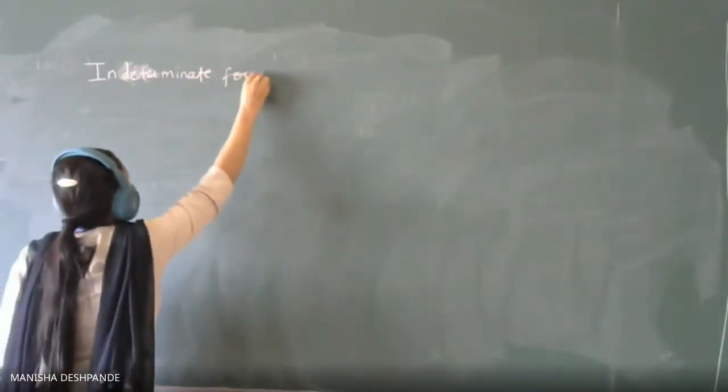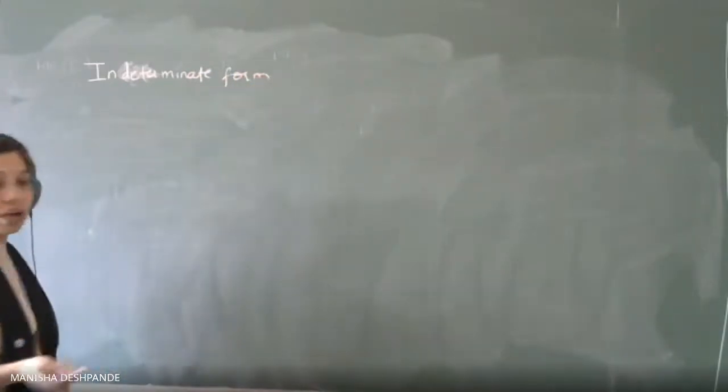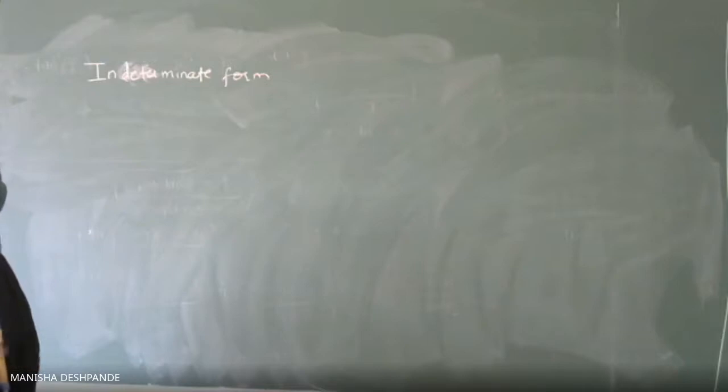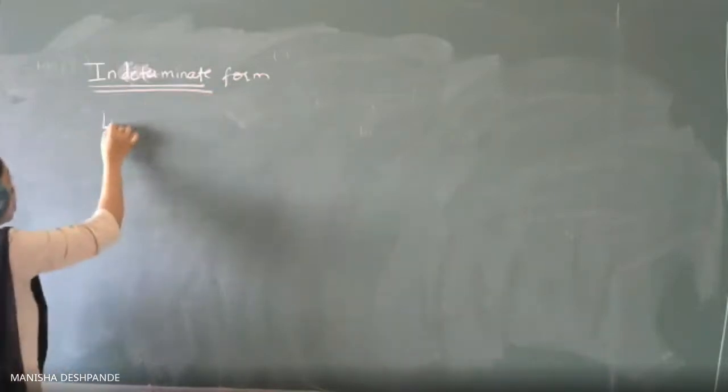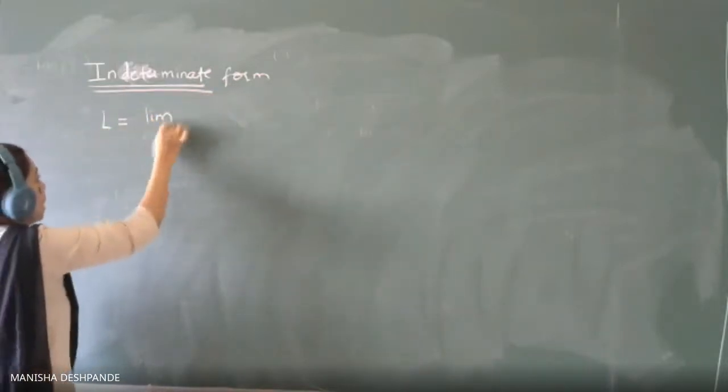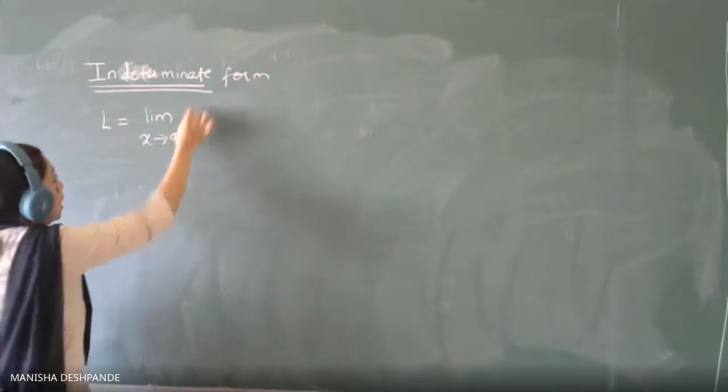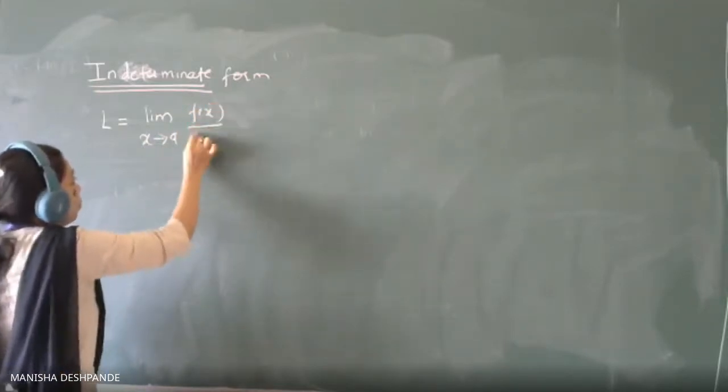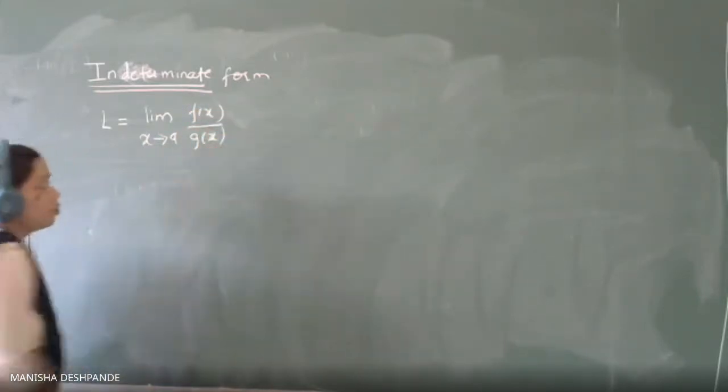If I say that it is infinity or undefined, that means the answer is infinity. Well, obviously the value is not existing. That is another case. But indeterminate means what? Right now, the limit which is given to you, for example, limit as x tends to a of f of x upon g of x. This is the limit which you have to find.